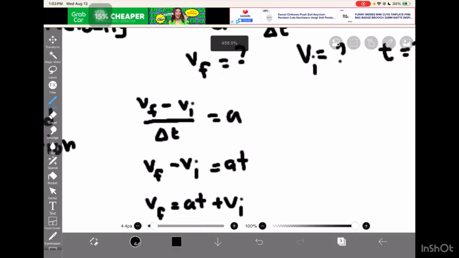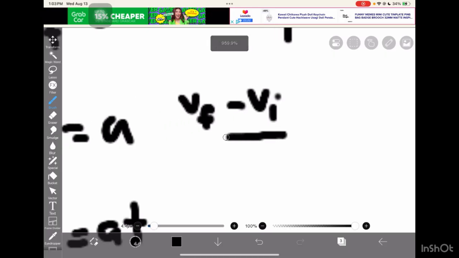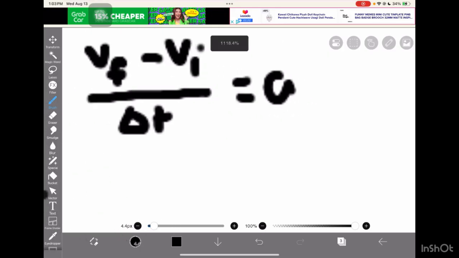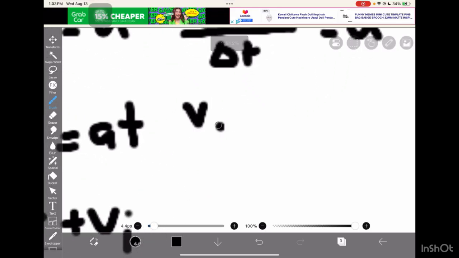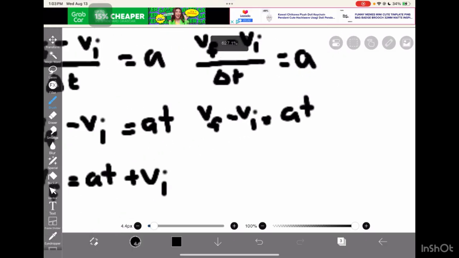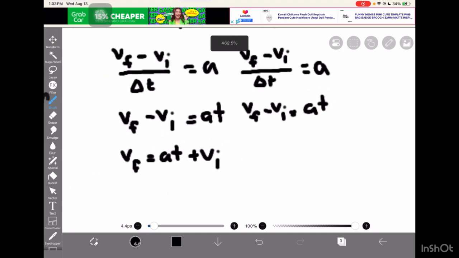We have v sub f minus v sub I all over t, delta t, is equal to a. Then once again, we multiply both sides by t. V sub f minus v sub I is equal to at. Next, we transpose the v sub f.